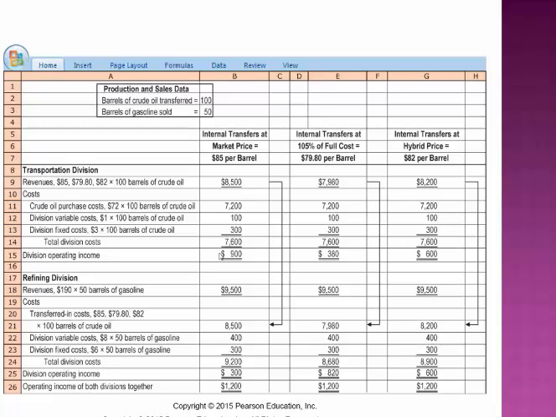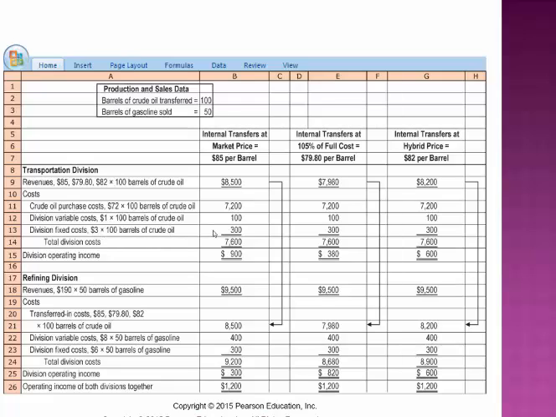On top of that, we have to consider all of the transportation division's costs so that we can come up with their operating income. We said that the transportation division can buy the barrels for $72 per barrel in Mexico, paying $7,200. They also have their own variable cost and fixed cost set at $1 and $3.